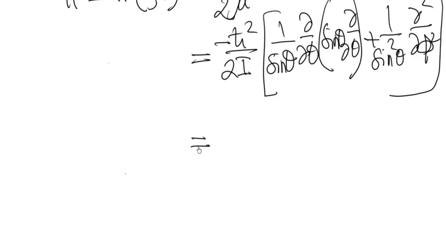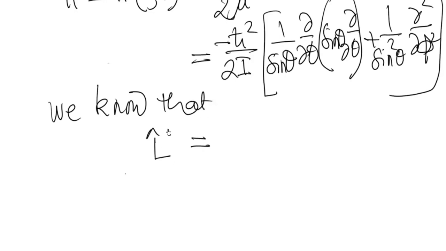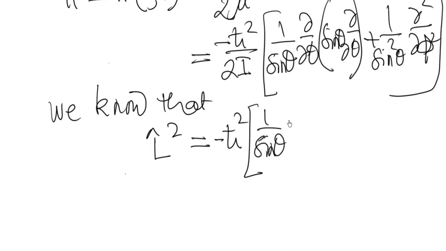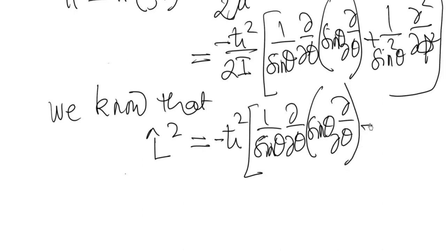Which can be written in terms of capital L squared, as we know the square of the angular momentum. Angular momentum squared is minus h bar squared times 1 by sine theta del by del theta of sine theta del by del theta plus 1 by sine squared theta del squared by del phi squared.